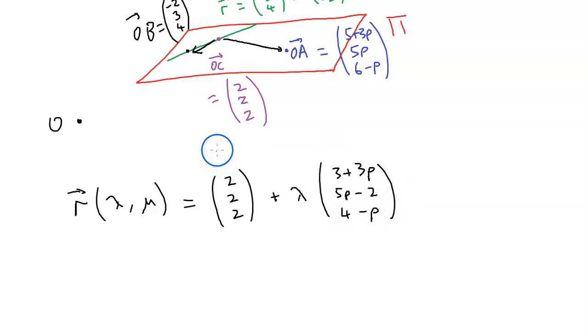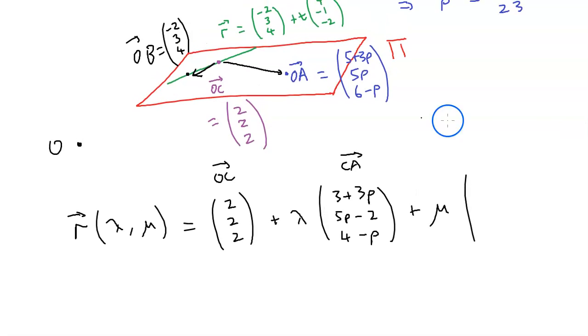So this is OC plus lambda times CA, and the last one is plus mu times CB, which is OB minus OC, so it'll be (-2 - 2, 3 - 2, 4 - 2), which is (-4, 1, 2).